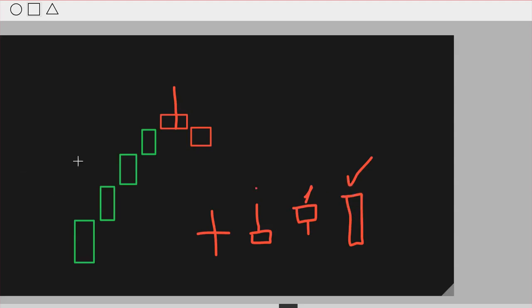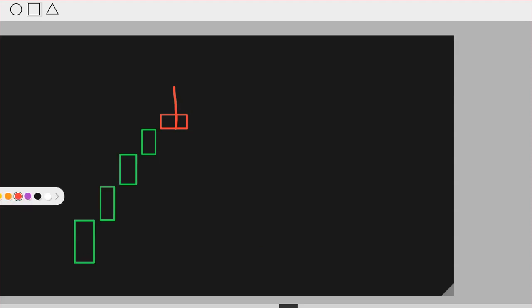So another thing is, what if you see a green candle, for example, a doji, or a small green candle, or an inverted hammer candle, or a hammer candle?